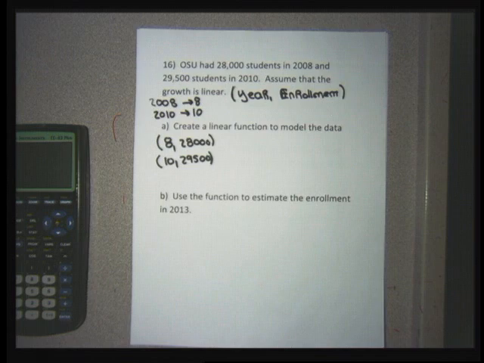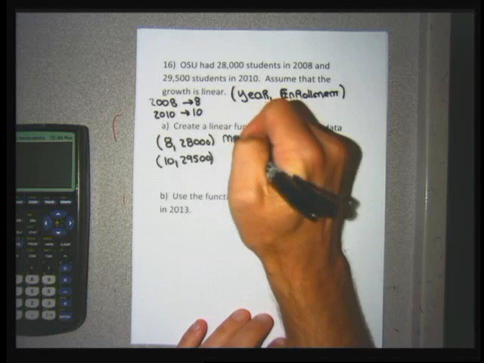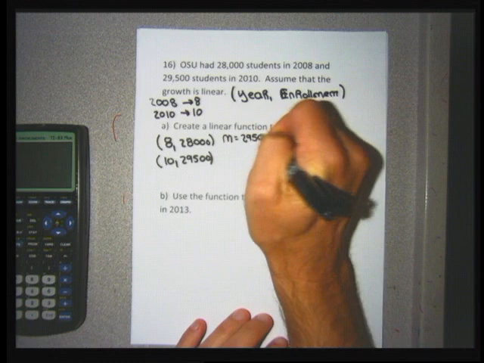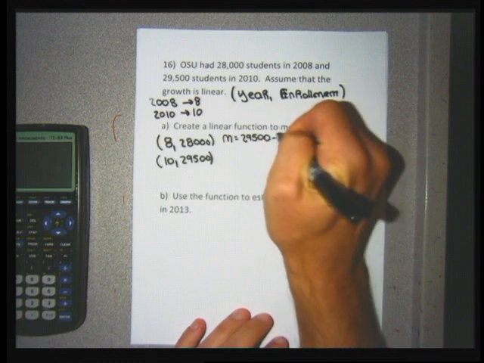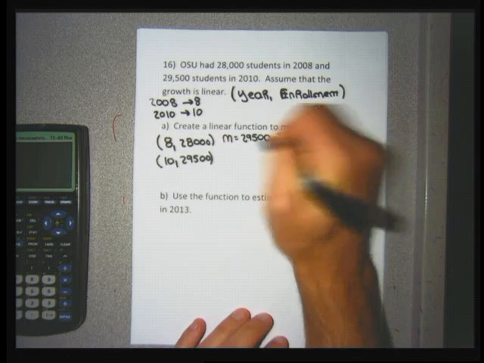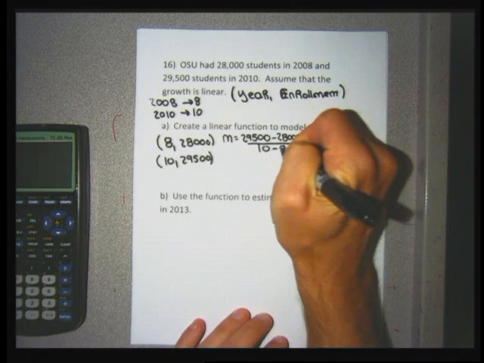So I'm creating a function or an equation of a line. I need a slope and a b. To find the slope of this line, I'm going to use the y2 minus y1 over x2 minus x1 formula. My y2 minus y1 is going to be 29,500 minus 28,000. My x2 minus x1 is going to be 10 minus 8.